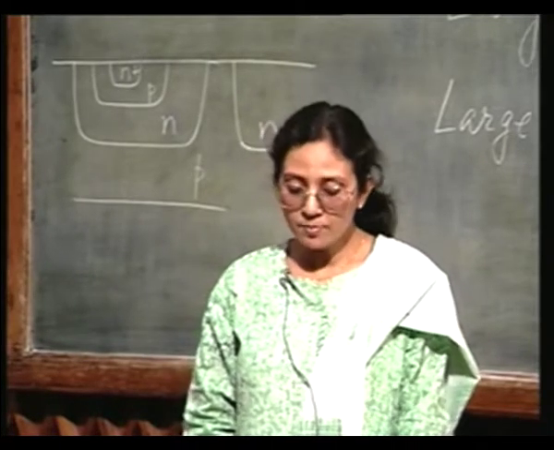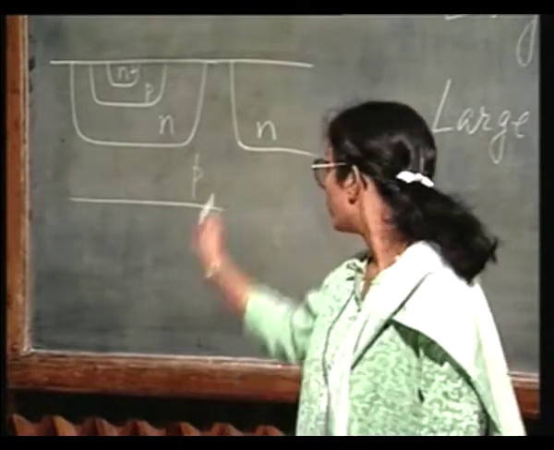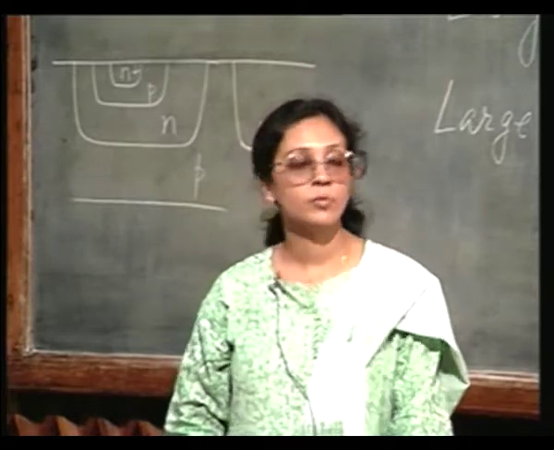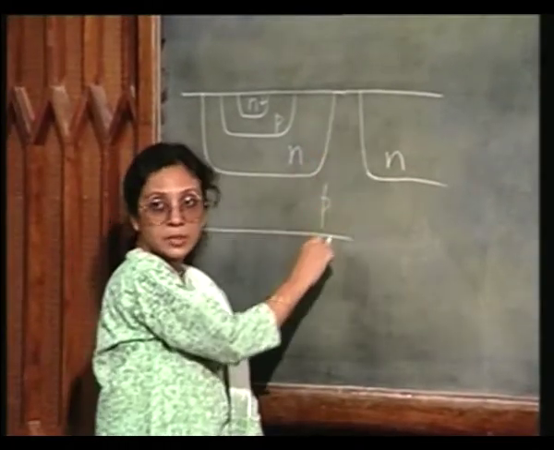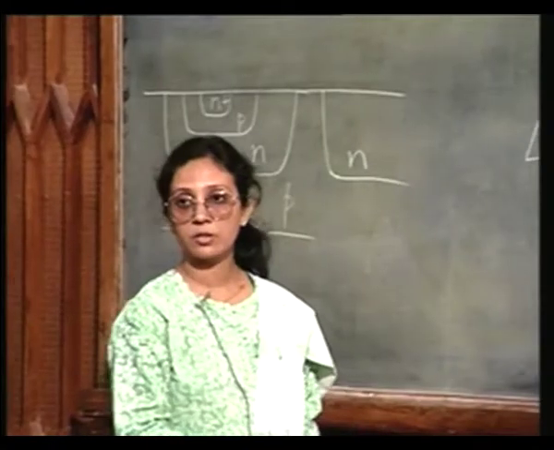So, some improvement in packing density was achieved if you have these 3 diffusions, because you no longer have to have a p isolation diffusion, which will result in considerable lateral spread.